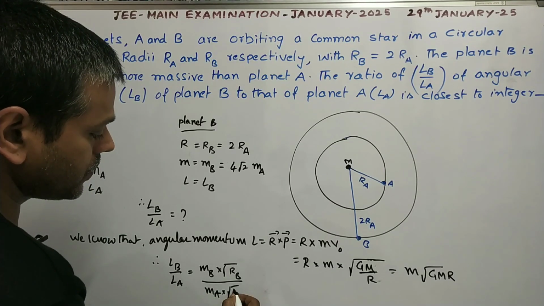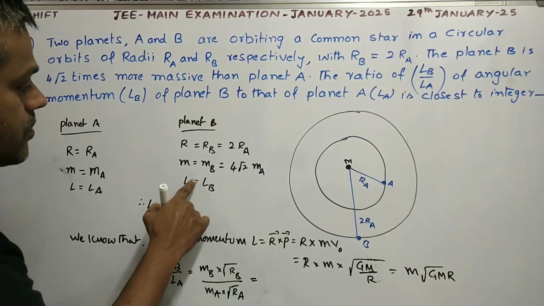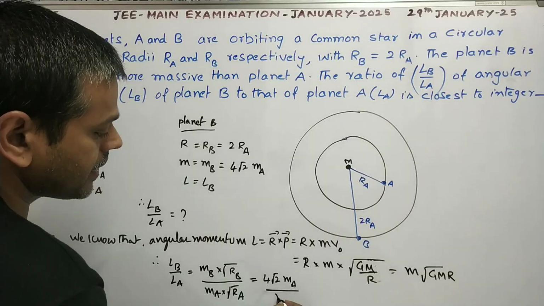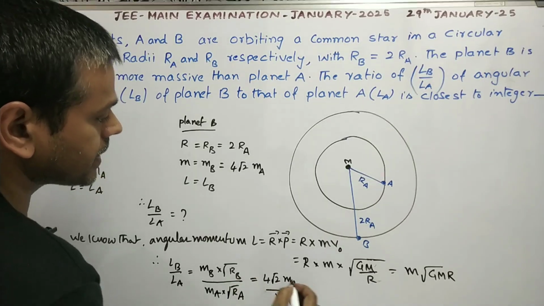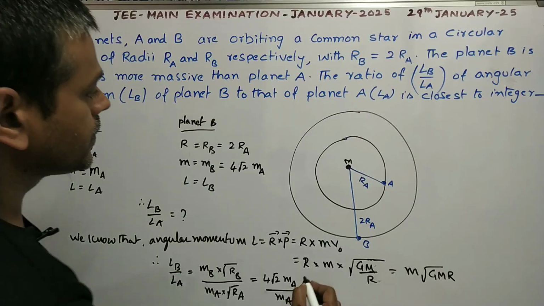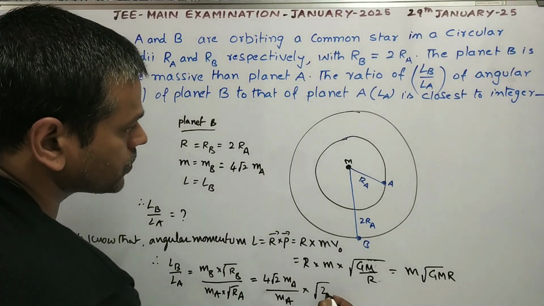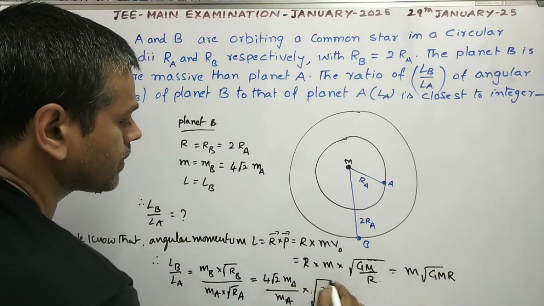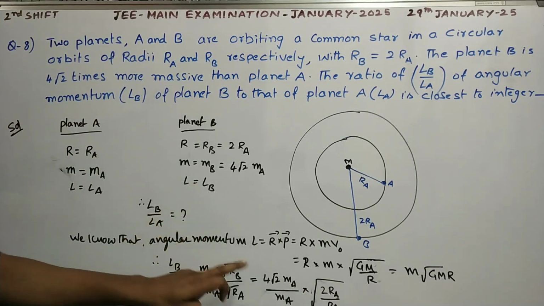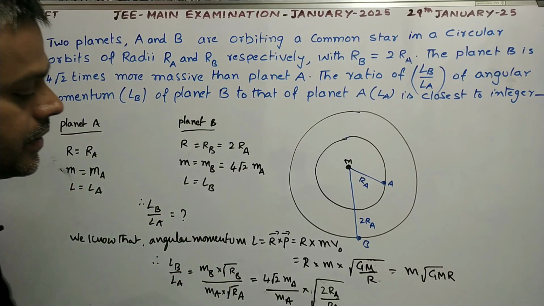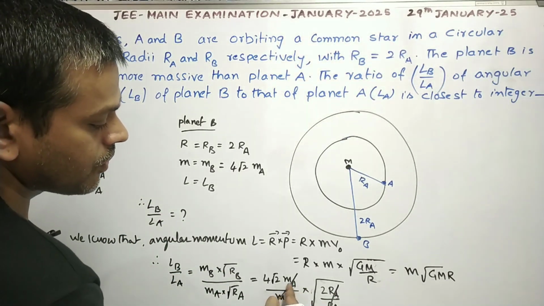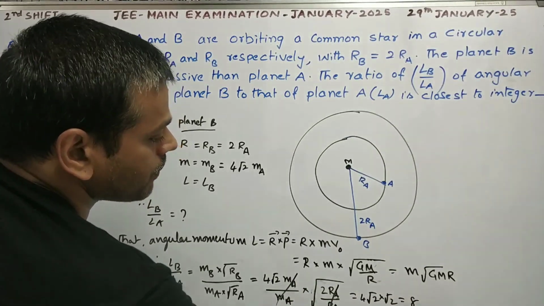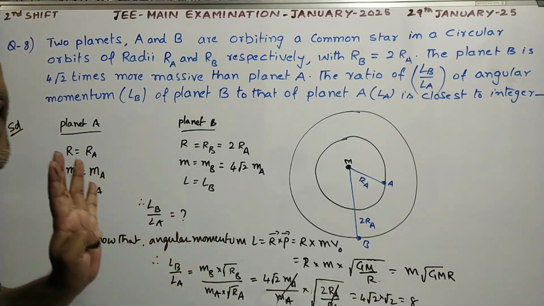So MB is 4 root 2 into MA, divided by MA into root RB, where the radius of planet B is 2 times that of planet A, that is root 2 RA, under root, by RA. The radius of planet A is RA, so these cancel. 4 root 2 into root 2 is equal to 8. So LB by LA is approximately 8.